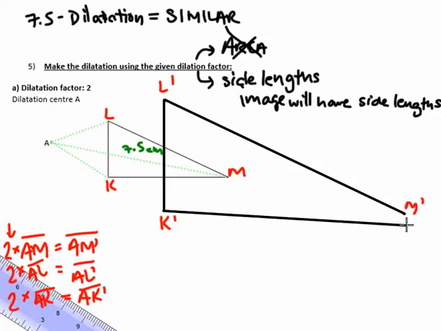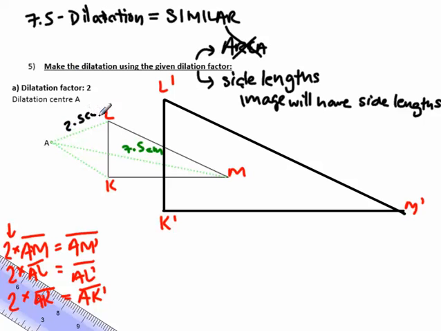Great, so that's close enough. So what I have here now is a triangle where the side lengths are twice as long as the original side lengths. If I just write these in, this was 2.5 centimeters, and this one was 2.8 centimeters.